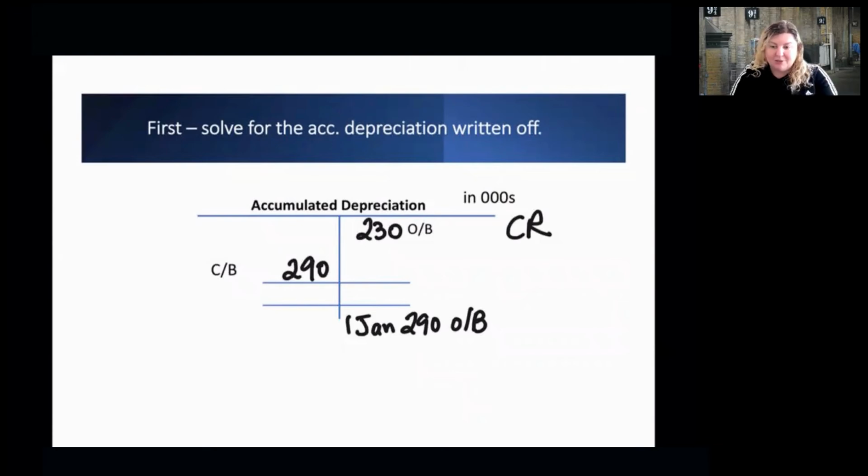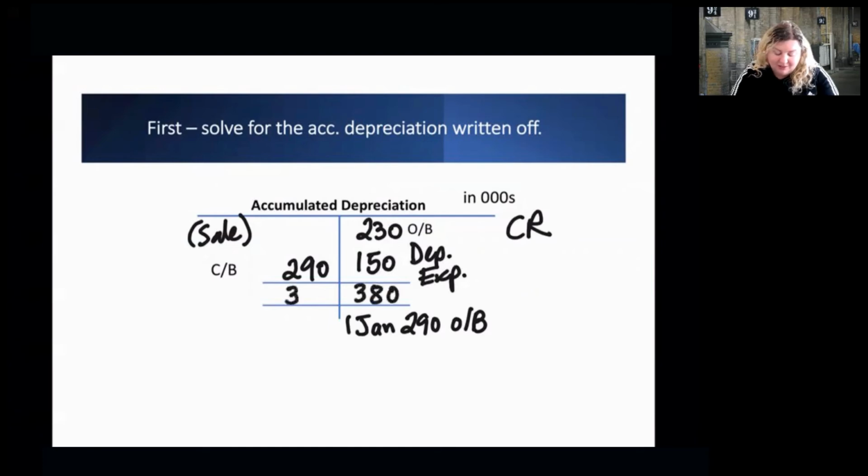The accumulated depreciation account increases during the period when we record some depreciation expense, and the question told us that the depreciation expense is 150. The debits should be equal to the credits. So the opening balance 230 plus depreciation expense 150 comes to 380. So the other side should be 380 as well.